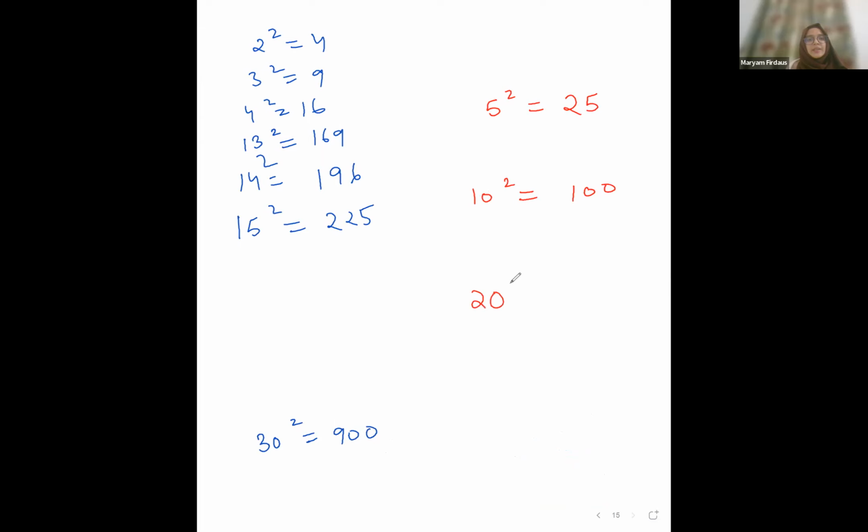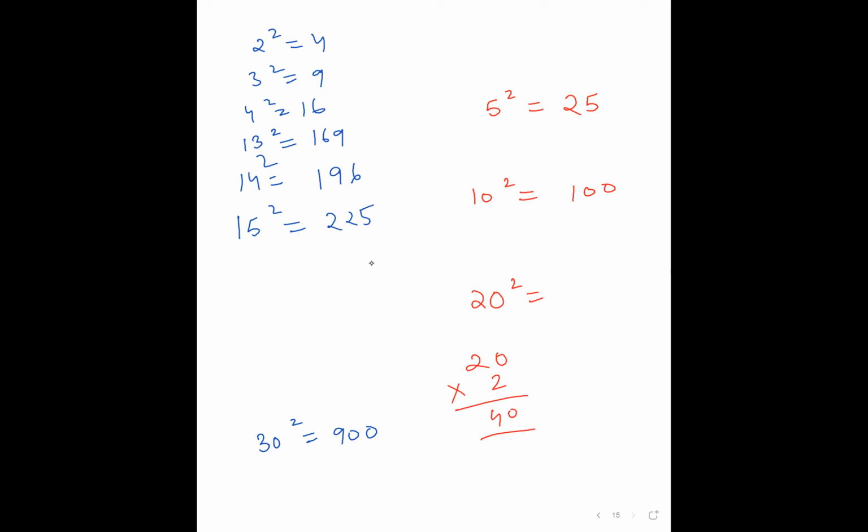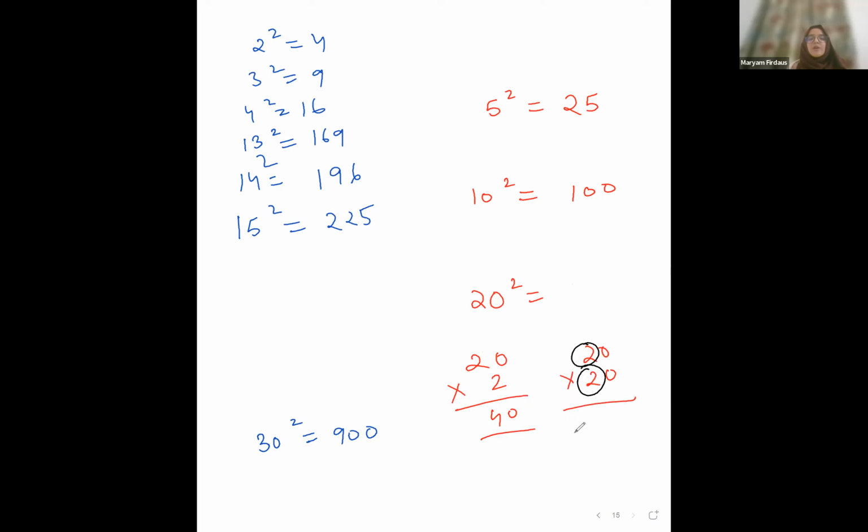20 into 20. Not 40, 20 into 2 is 40. 20 into 20, how will you solve it? You will just say 2 2s are 4.